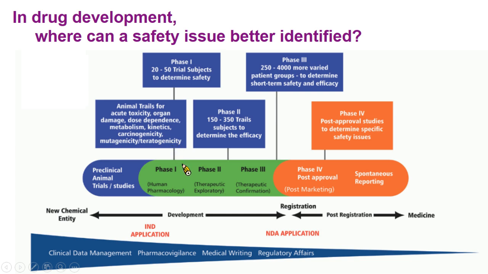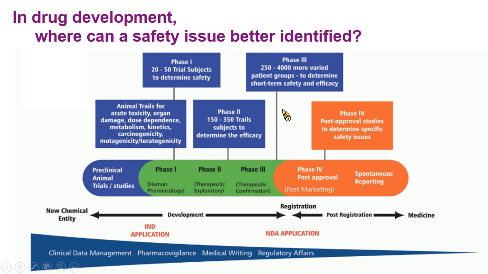And then we move to phase 2, trying to recruit real patients, with a relatively small number of subjects, to determine the efficacy. After phase 2, we move on to phase 3, using the same patient population to do the therapeutic confirmation regarding both short-term safety and efficacy.